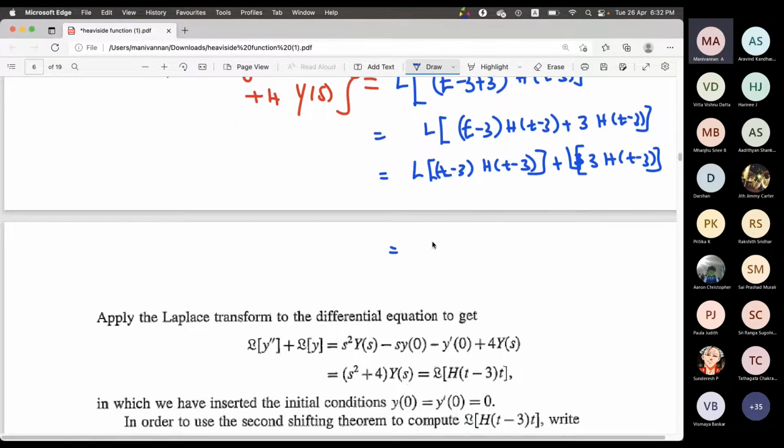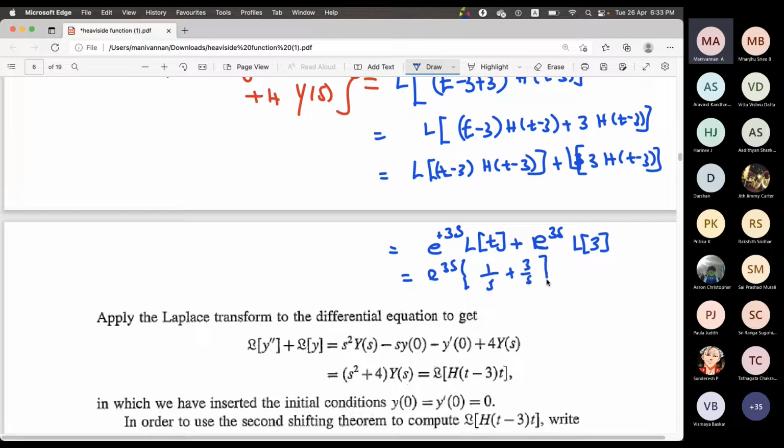On the right hand side, e raised to the power minus 3s times the Laplace transform of t, plus e raised to the power minus 3s times the Laplace transform of 3. So e raised to the power minus 3s is common, and we have 1 by s squared plus 3 by s. Is it clear?